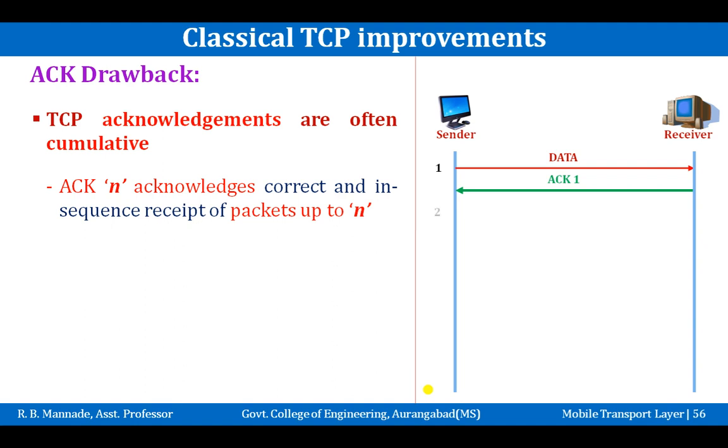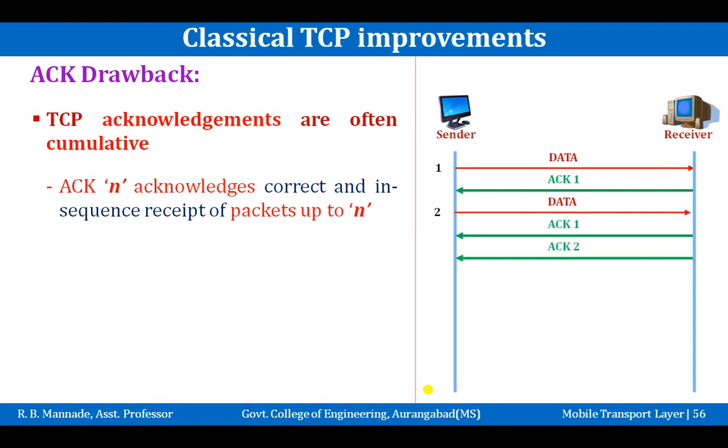Similarly, when the sender sends the second packet toward the receiver, in response to this second packet the receiver has to send two acknowledgements, acknowledgement 1 and acknowledgement 2: one for packet 1 and 2 for packet 2.